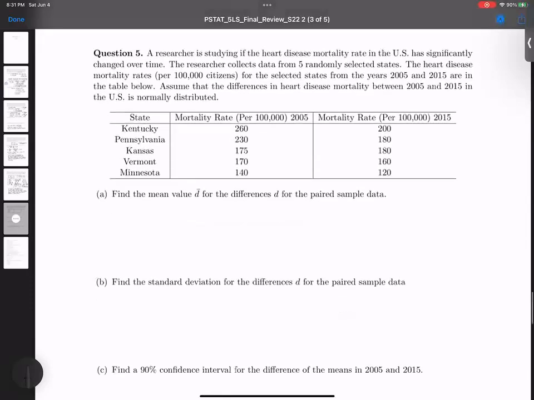So this is a chapter 9 problem where we're going to be dealing with differences. So the paired data. So find the mean value D bar for the differences D for the paired sample data. So let's write out what all of our differences would be.